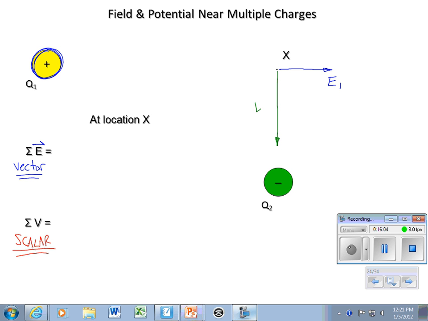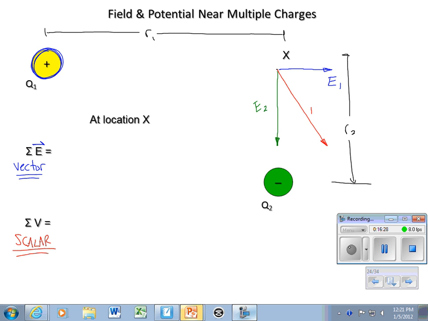I'll call that E2. It points downward because fields point toward negative charge. Now I'd have to define, let's call this R1, and let's call this R2. So if we wanted to find the net electric field, I'll draw it like this, here's E net.